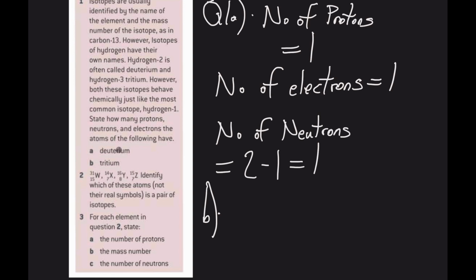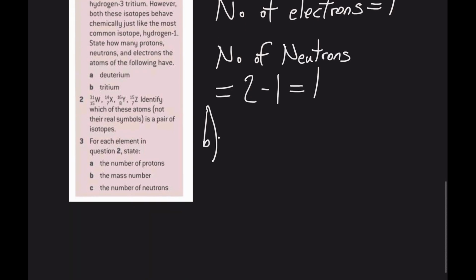In case it wasn't clear, both deuterium and tritium are isotopes of normal hydrogen atoms, which you can see from the question. So the number of protons in tritium is also 1, because the number of protons never changes when we look at atoms or isotopes of the same element.